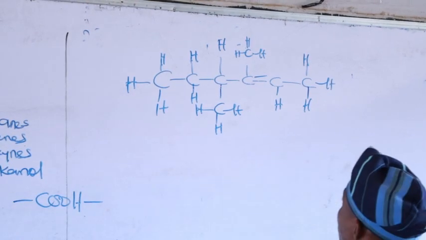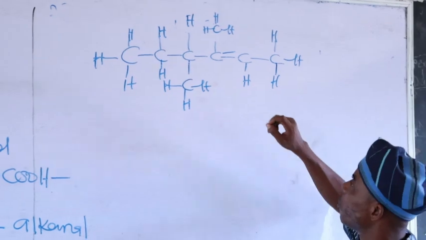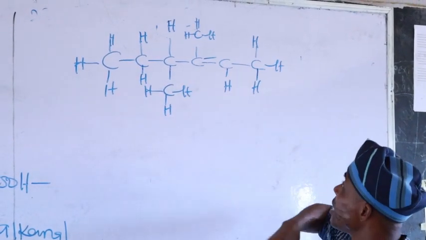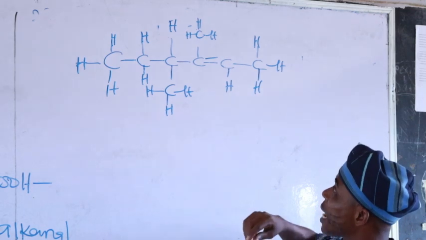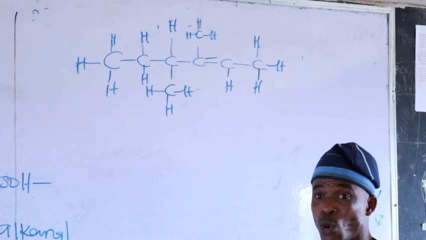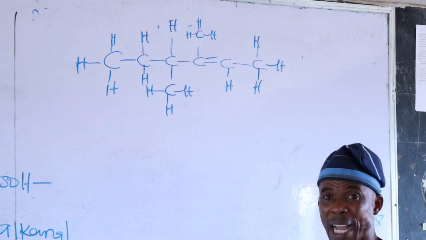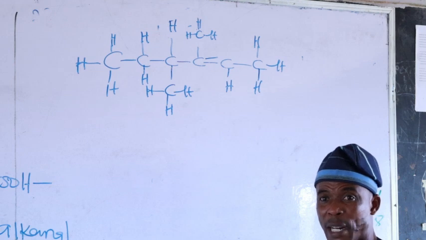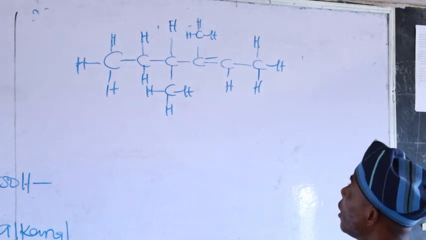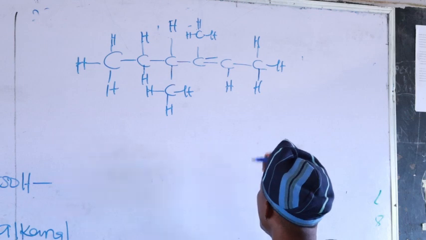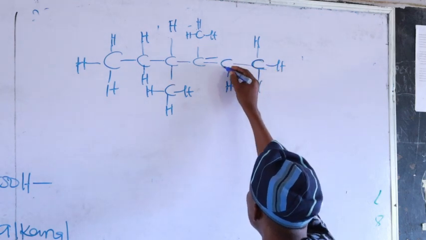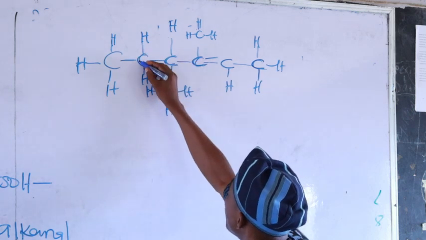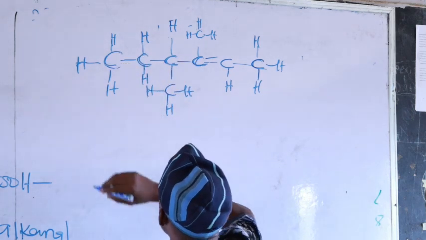So now, if you want to number this carbon atom, we must give reference to the carbon that has the functional group. Where do you have the functional group? You can see that this is now 1, 2, 3, 4, 5, 6.